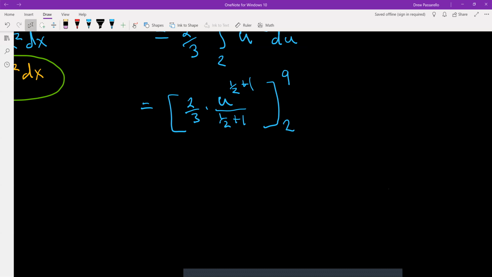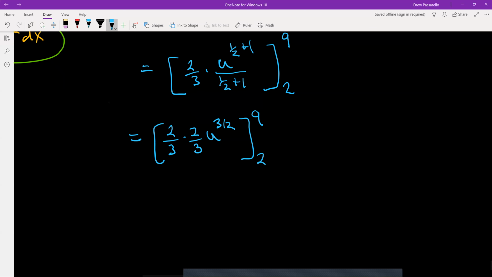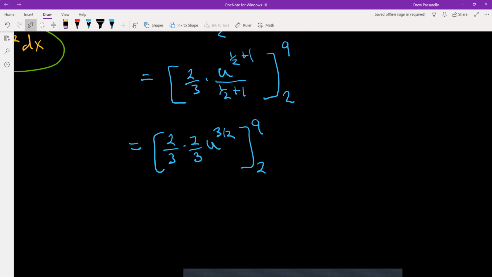One half plus 1 is 3/2. So I'm going to have 2/3 times u to the 3/2, and then you're dividing by 3/2. Well, that's the same thing as multiplying by 2/3. So it would be 2/3 u to the 3/2, because dividing by 3/2 is the same thing as multiplying by its reciprocal.